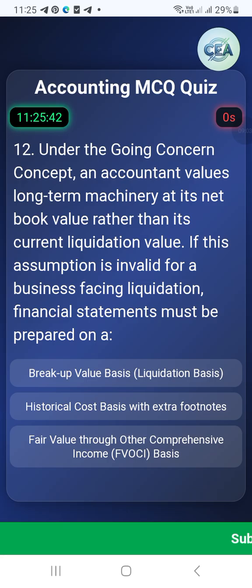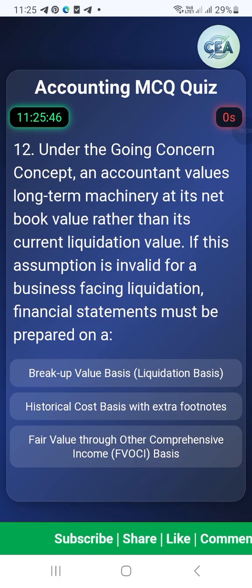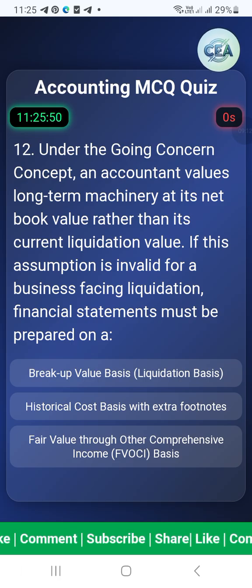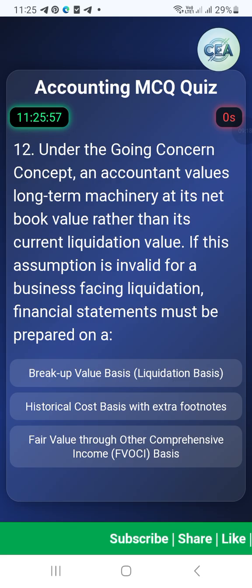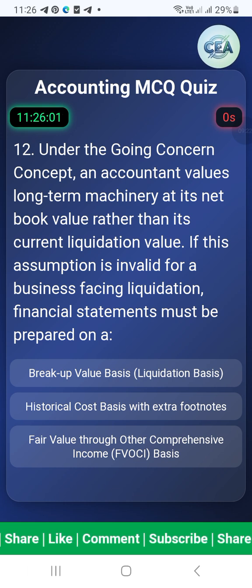12. Under the going concern concept, an accountant values long-term machinery at its net book value rather than its current liquidation value. If this assumption is invalid for a business facing liquidation, financial statements must be prepared on a Option 1. Breakup value basis, liquidation basis.